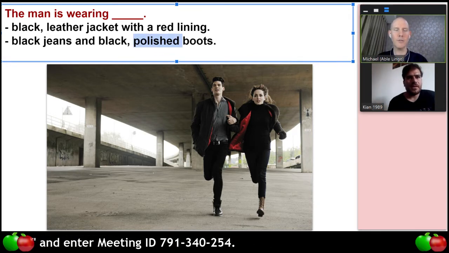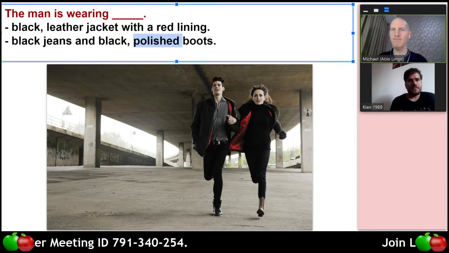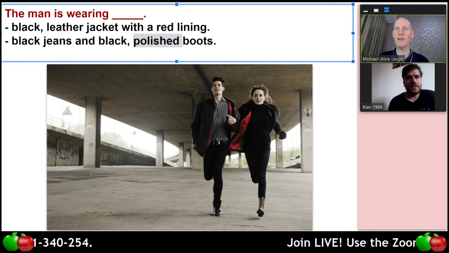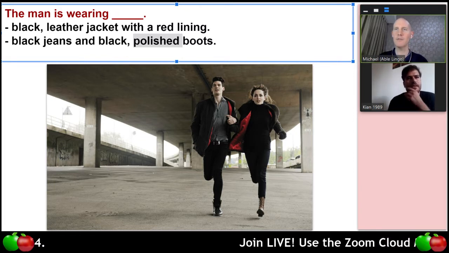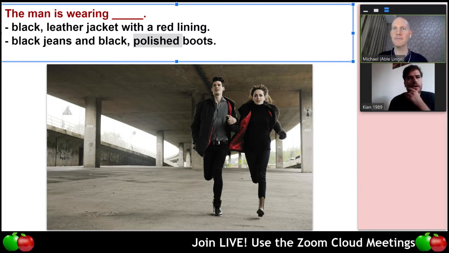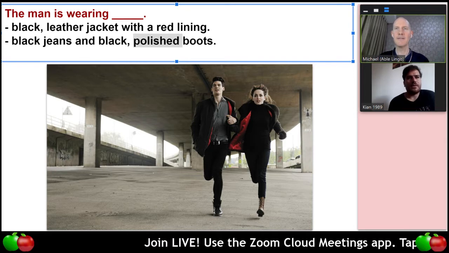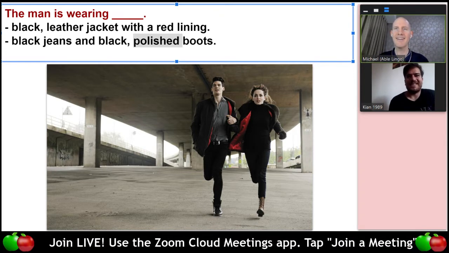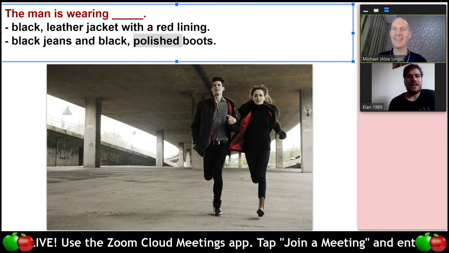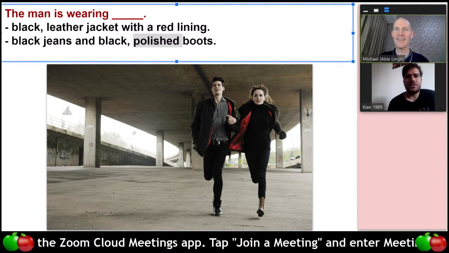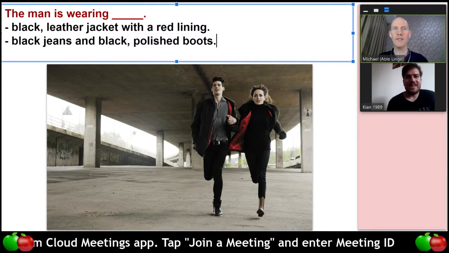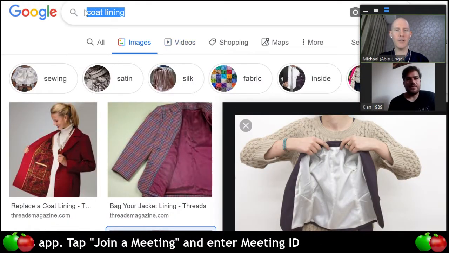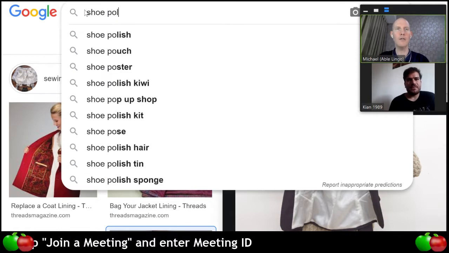What does polished mean? What do you think, Kian? What does it mean, polished? If we polish our boots. Polished means like rubbing something, I don't know what it is called in English, to make it shiny, to make the shoes shiny. Right, shiny. And it comes sometimes in a little can. It's called like shoe polish.